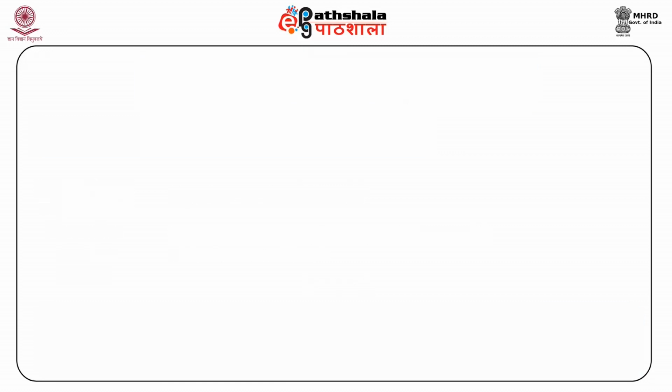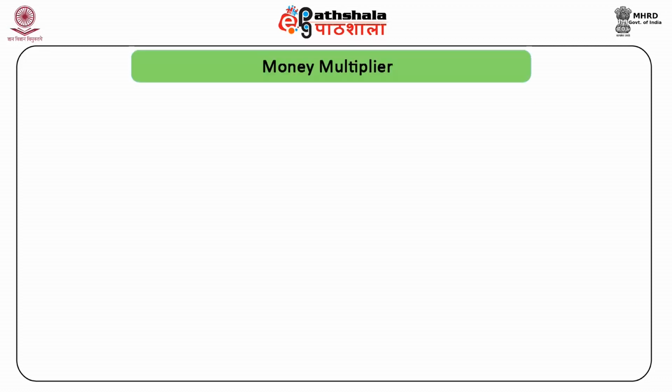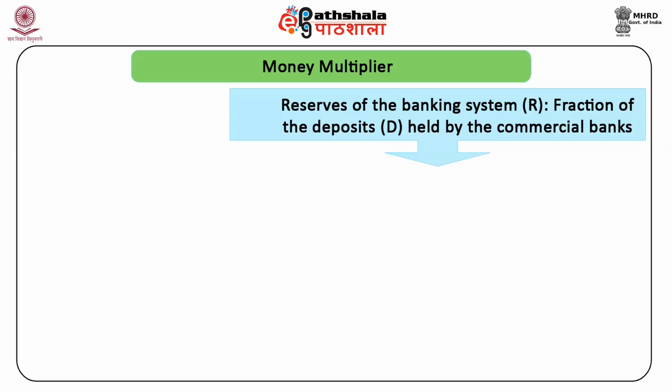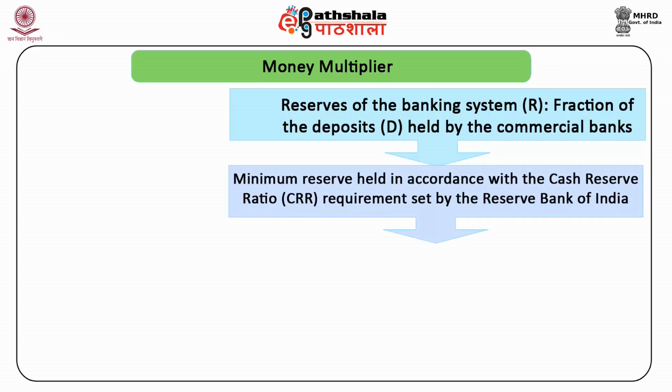To understand the concept of money multiplier, note that reserves of the banking system R are a fraction of the deposits D held by the commercial banks. The minimum reserves must be held in accordance with the cash reserve ratio (CRR) requirement set by the Reserve Bank of India.